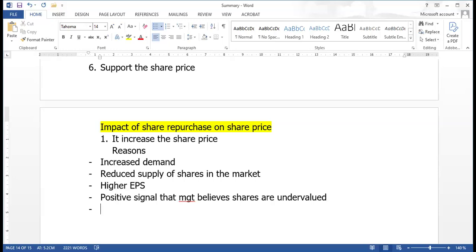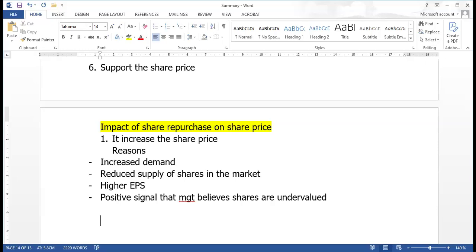Now, even the thing of improved confidence. Please take note that if the investors themselves believe the entity is buying back the shares because it lacks profitable investment opportunities, or is simply using excessive debt, the positive effect may be eliminated or even reversed.